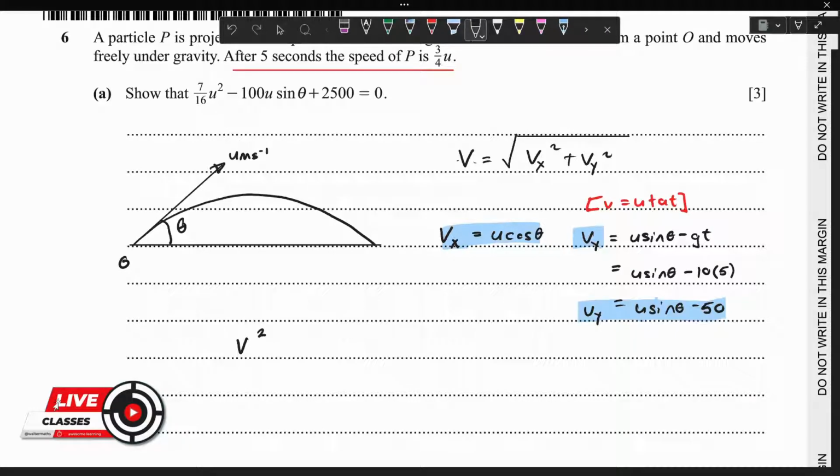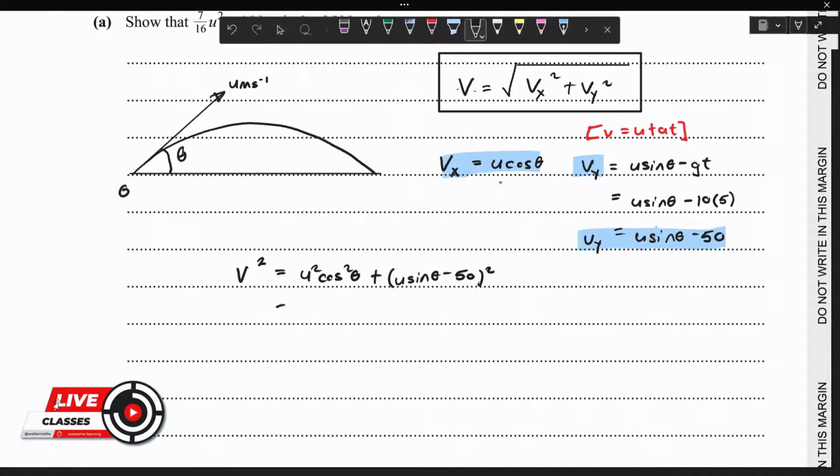I'm just using the formula for speed: V squared is equal to Vx squared, which would be u squared cos squared theta, plus Vy squared, which is (u sine theta minus 50) squared.